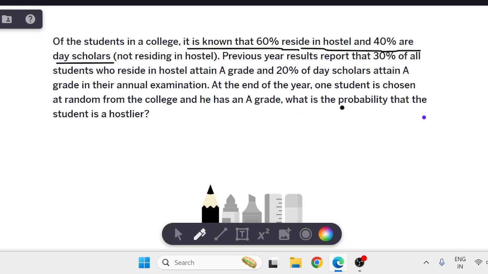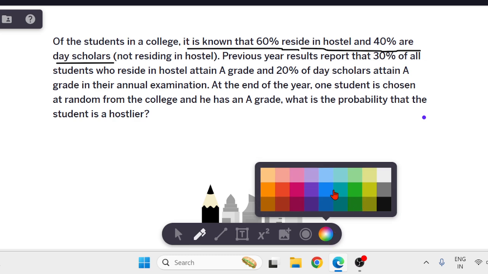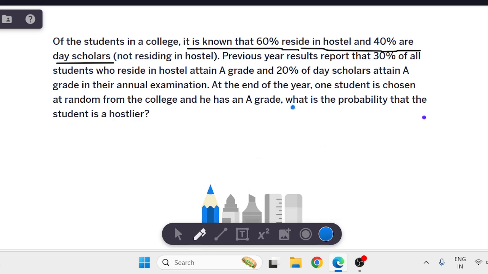Now, what is the probability? So we'll choose a blue color as stated. That student is a hostelier.